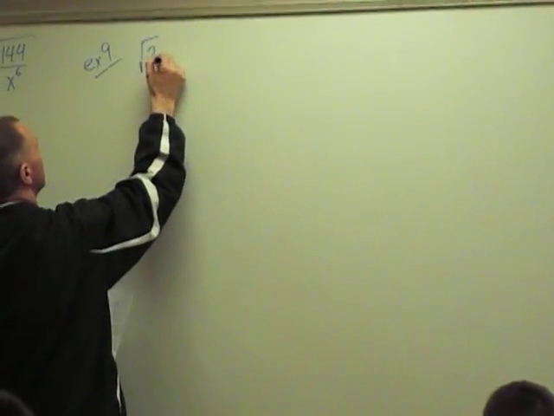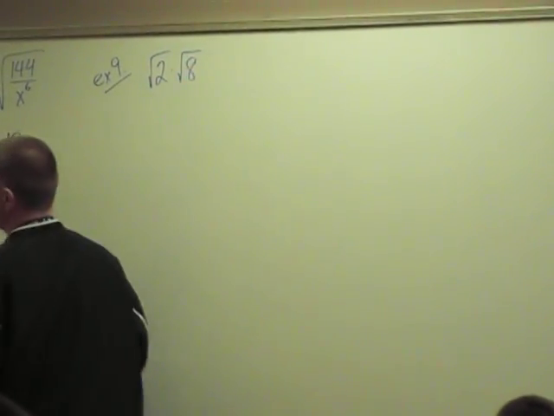The square root of 2 times the square root of 8. There's two different ways to do this. One's fast, one's slow.